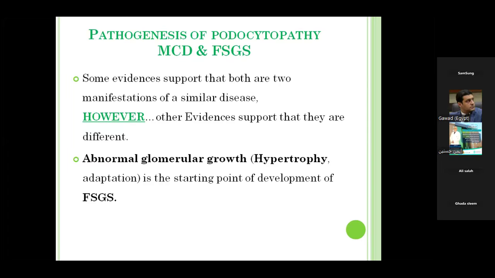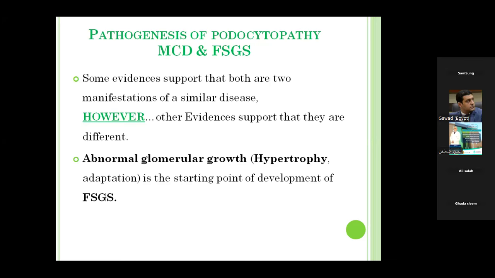Pathogenesis of podocytopathies: some evidence supports that these two entities are two manifestations of a similar disease. However, other evidence supports that they are totally different. And I think that every day a new concept is added to these diseases or this pattern of glomerular injury, especially after the introduction of next generation sequencing techniques in the routine diagnosis of these.